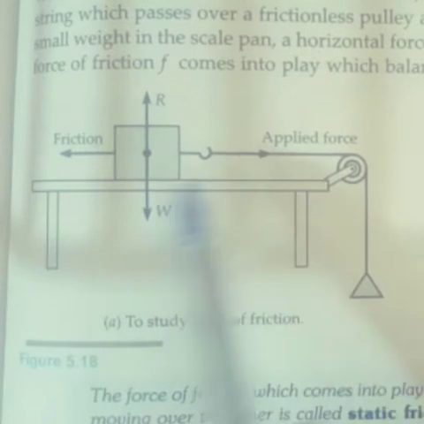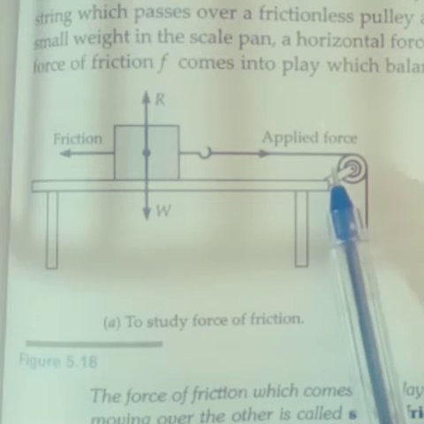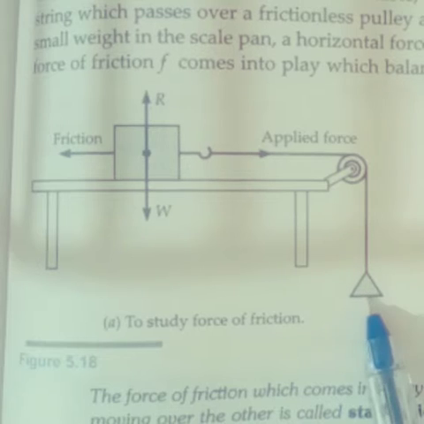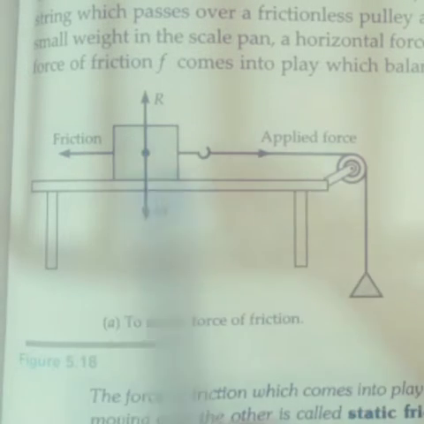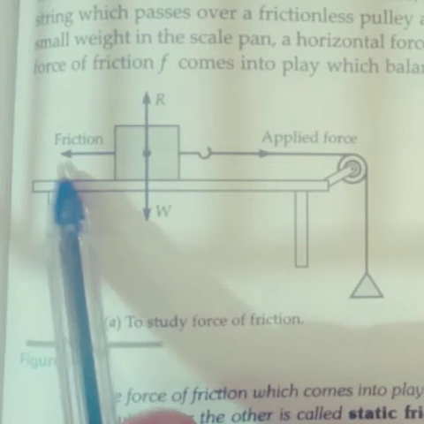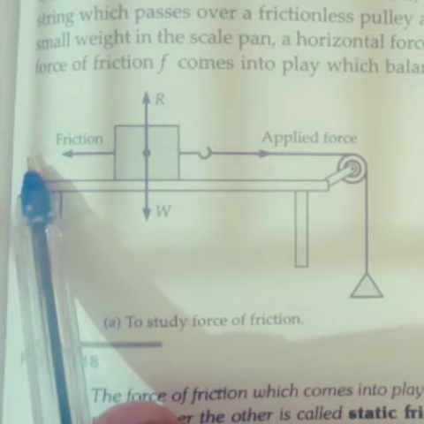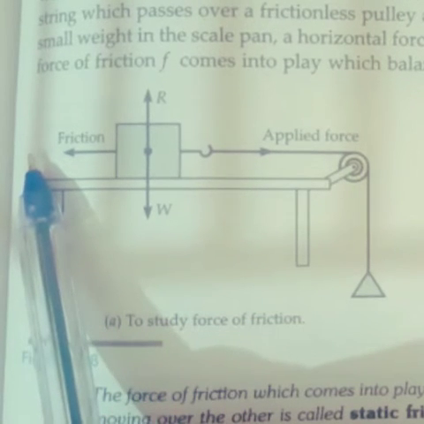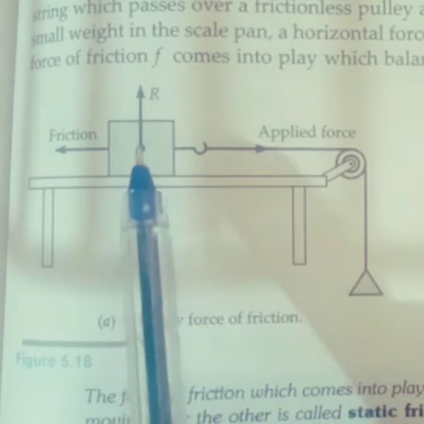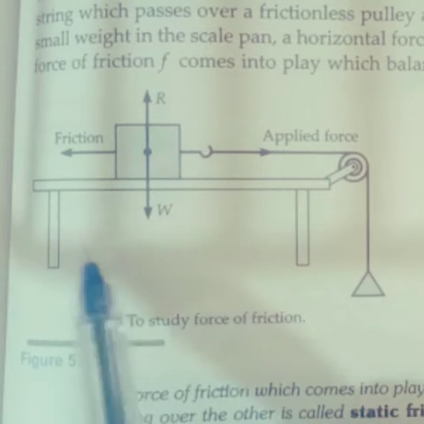Then this block is attached to a string which passes over a frictionless pulley. When we apply the force, the force of friction is developed on it. When the force is applied on the right side, the force of friction is towards the left side. Static friction means the force of friction which comes into play between the surfaces of contact of two bodies before the actual motion starts.